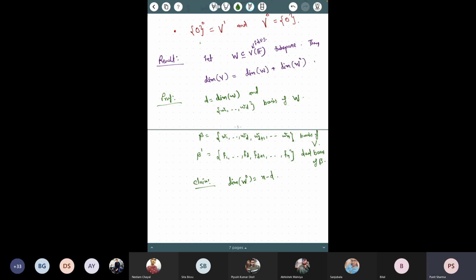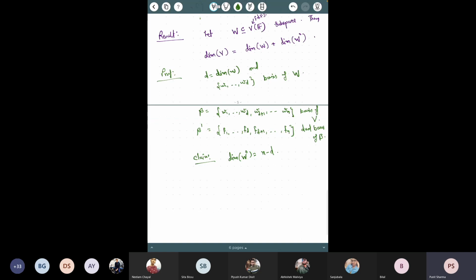Okay. So this is what we have in hand. We'll show that, in order to prove this thing, W naught is actually the span of FD plus 1 to Fn. Why is it enough to show? Because we know that these are already linearly independent, because they are coming from this basis B dash.